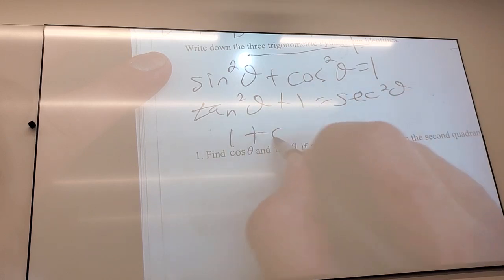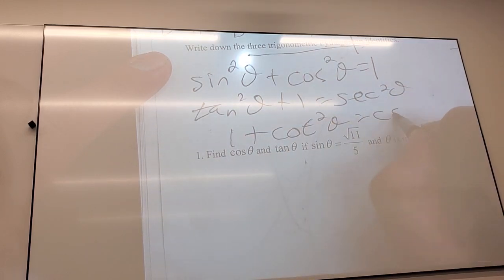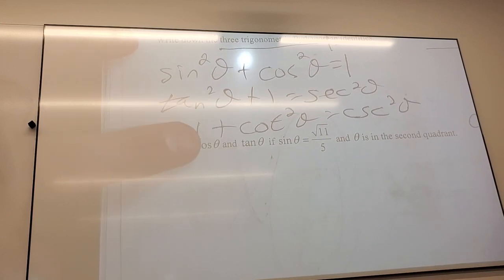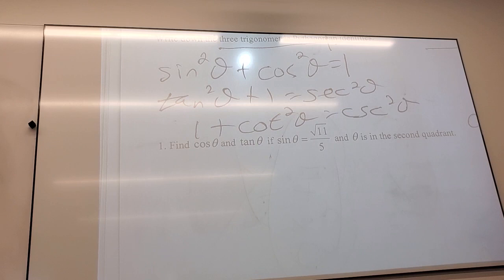Cotangent squared theta equals cosecant theta squared. So one has no co, and the other one's exactly the same, but it's co. So it's tangent squared plus 1 equals secant squared, or cotangent squared plus 1 equals cosecant squared. That is the first evidence of why we called things co, right?